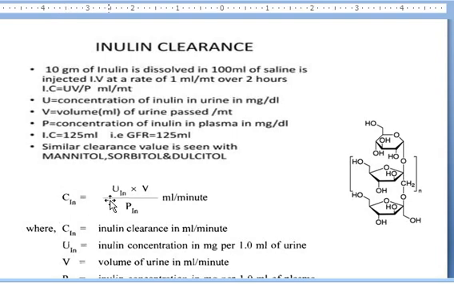Inulin clearance is equal to concentration of inulin present in the urine into total volume of urine divided by plasma inulin concentration, per ml per minute. It will give the glomerular, that is normal renal function. If the clearance is perfect, the renal part is working properly.